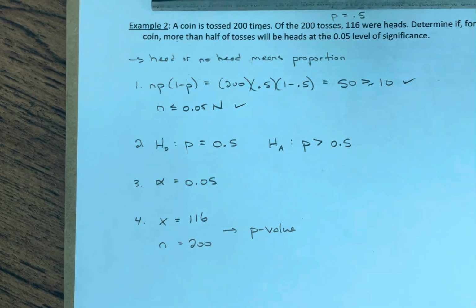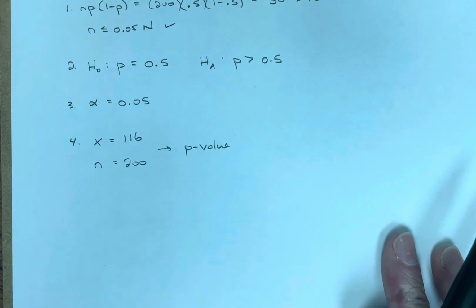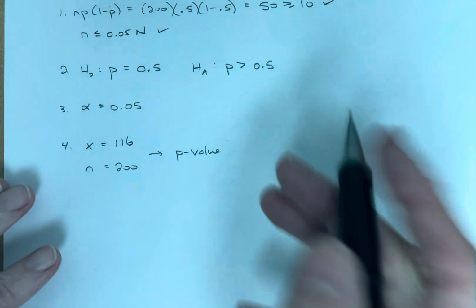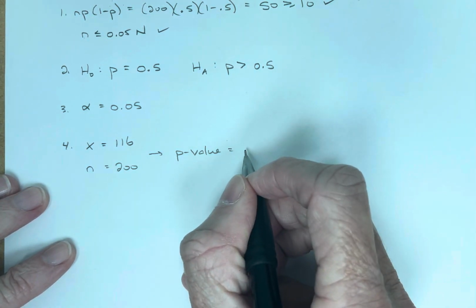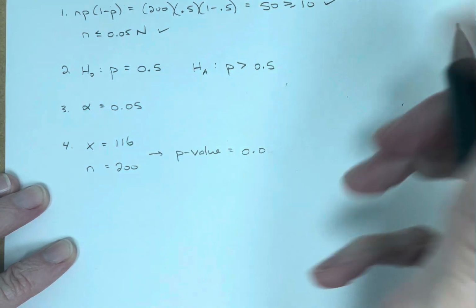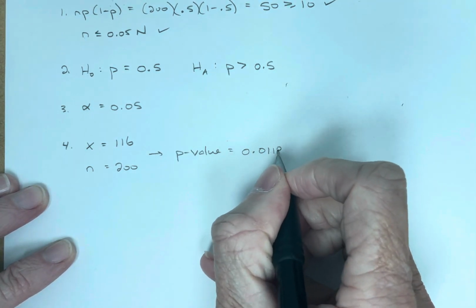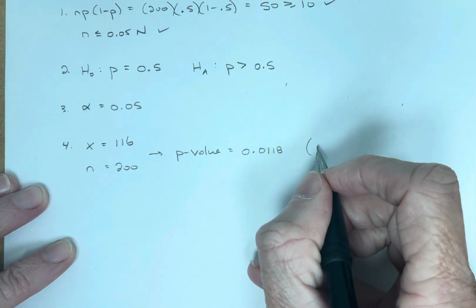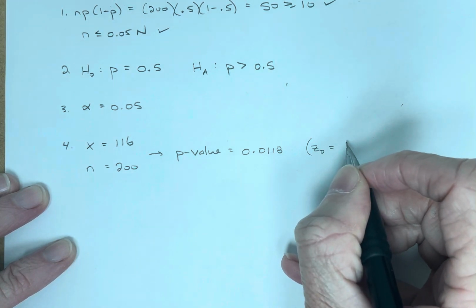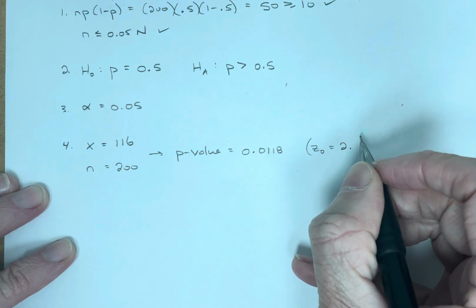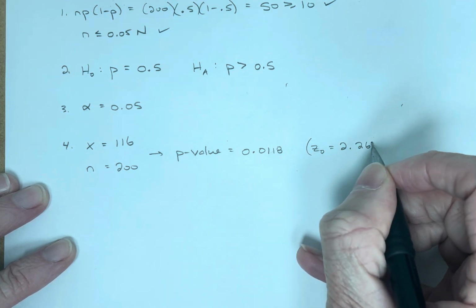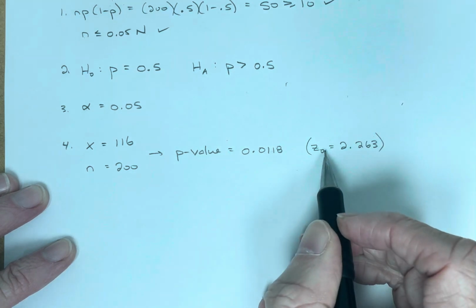So let's go over to here. Our p-value was 0.0118, and our z-stat, also written as z sub 0, to three decimal places is 2.263.